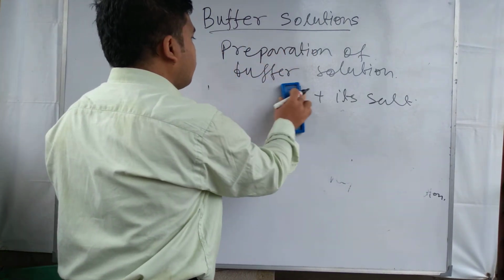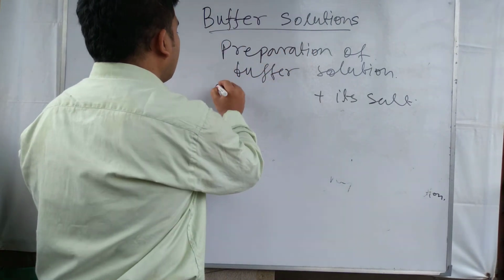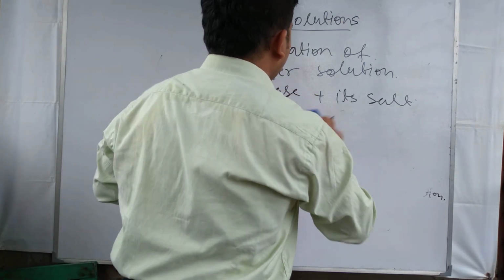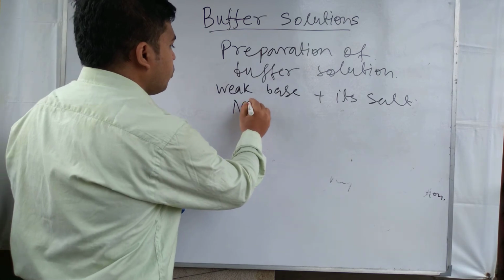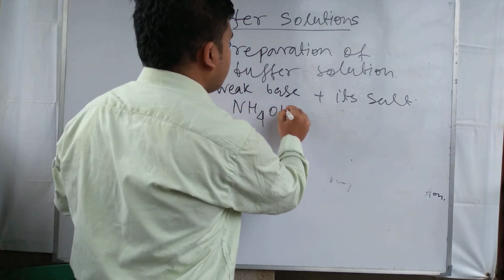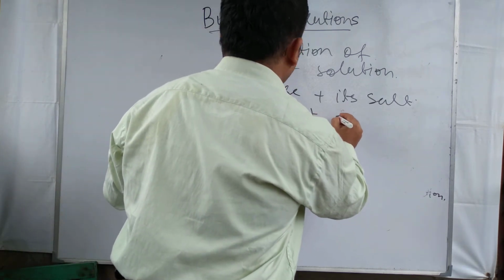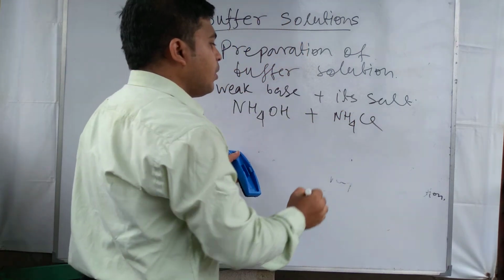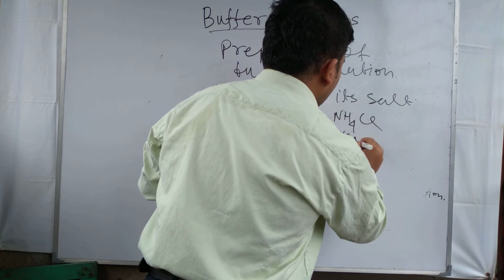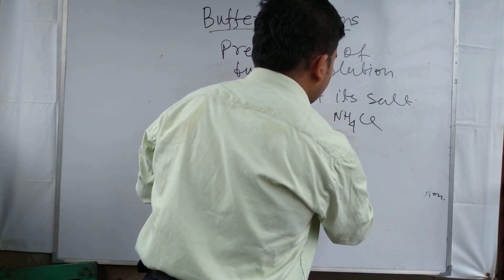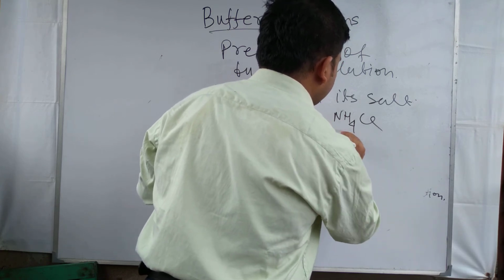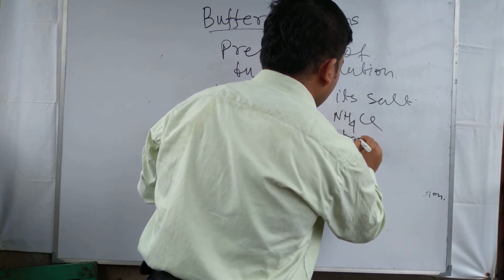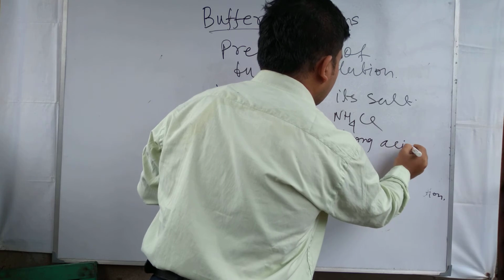Now basic buffer solutions: a weak base and its salt. Suppose we take the weak base ammonium hydroxide and its salt NH4Cl, which comes from a strong acid.